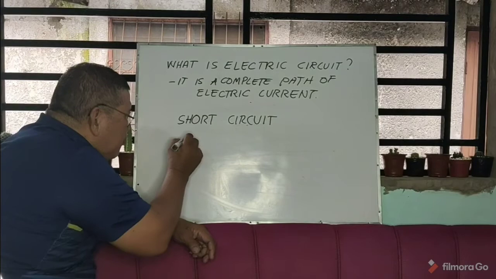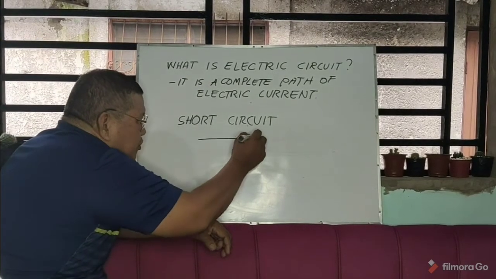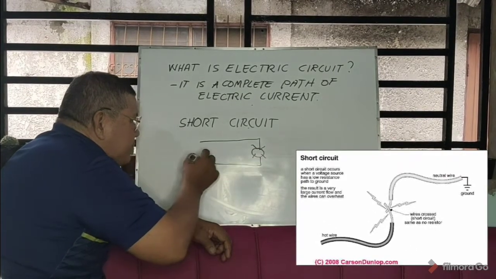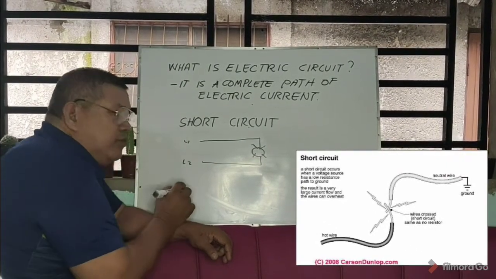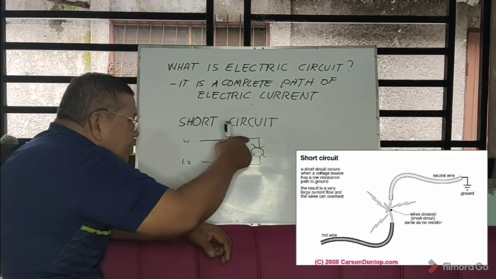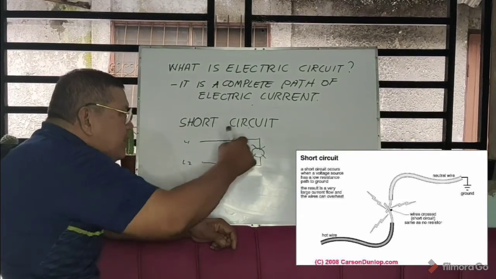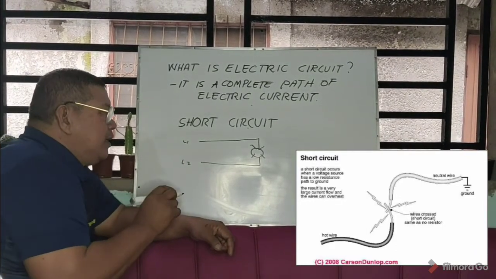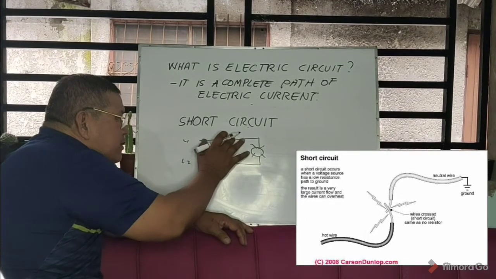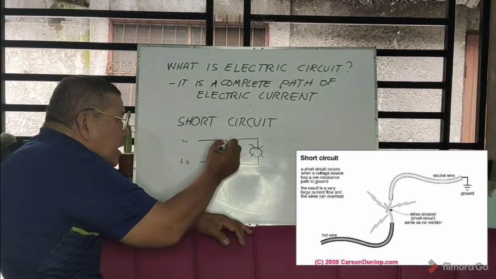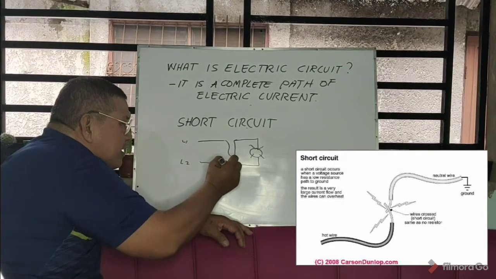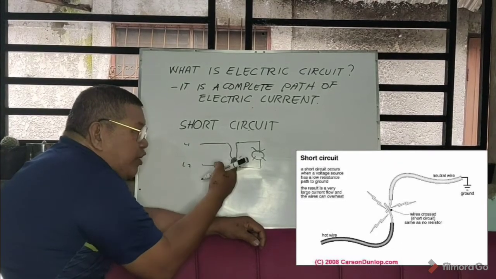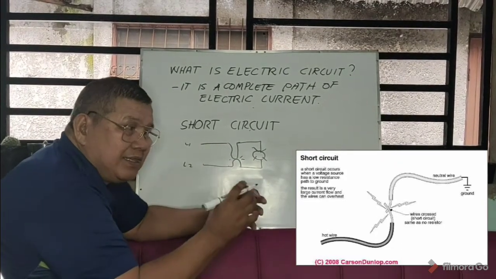Again, for instance, this is your line, this is your lamp, then you have your line 1, you have your line 2. This is your conductor or your wire. And then on the wire, there is an insulator. It so happened that the two wires here, the line 1 and line 2, unintentionally, the insulator is removed, peeled off.